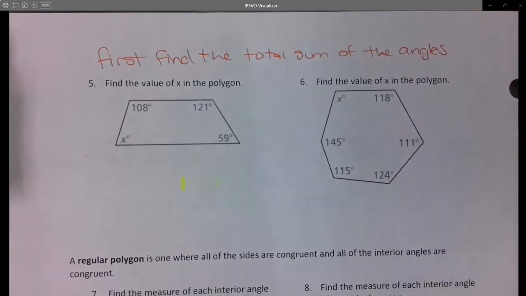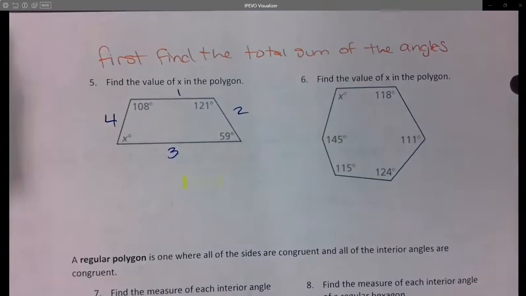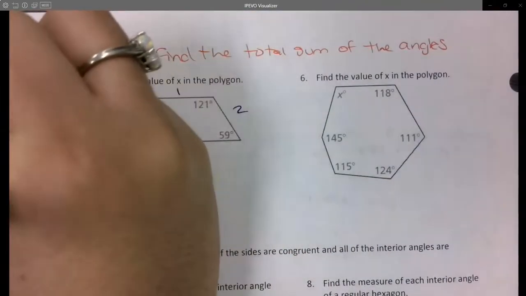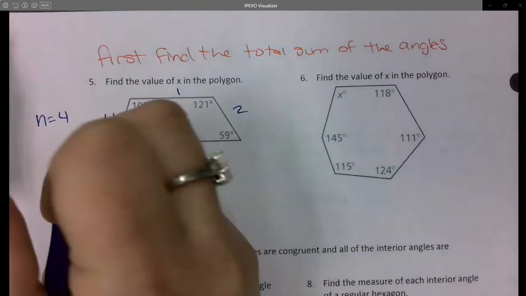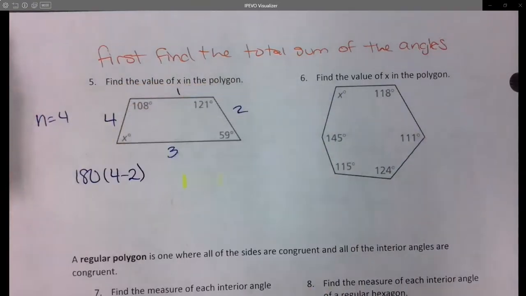So on this first picture, I have 1, 2, 3, 4 total sides. So I want to plug into my angle formula. I'm going to have 180 times 4 minus 2.